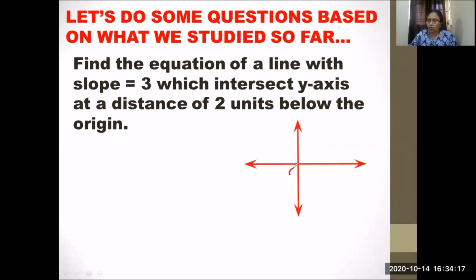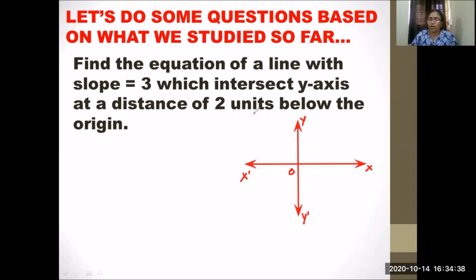We all know this is the origin where both the lines intersect. x to the right of the origin is positive x, to the left of the origin is negative x, above the origin is positive y, and below the origin is negative y.